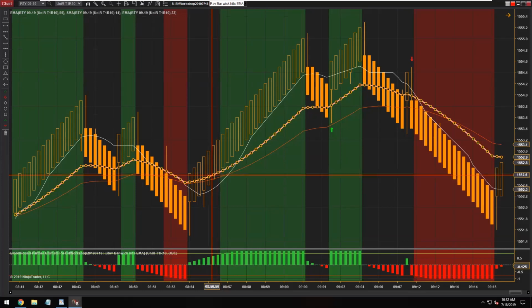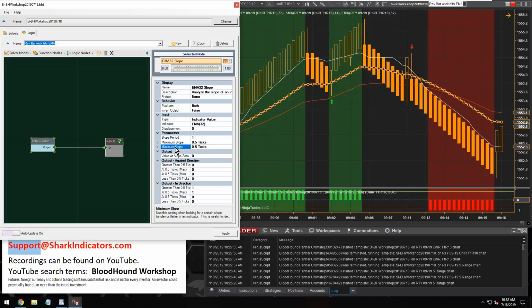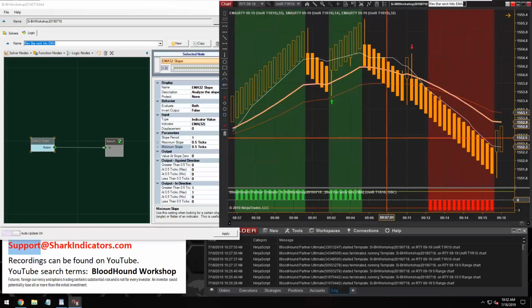If the answer is yes, you'd like to include that, then you just go back to your solver and reduce the tick amount, say something like 0.4. But I'm just going to go with 0.5 and keep this simple here. We're going to set the maximum and minimum amount, both of them, to 0.5, like so.